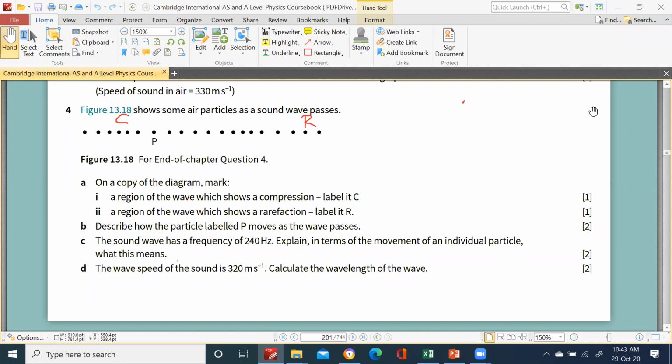Not so sure, but I think that's the one. Okay. So you can simply write C and then R, like that. In other words, where you see the dots very close to each other, that is the compression. Where you see the dots far away from each other, that is the rarefaction. All right, that's nice. Any other person, part B? You can erase that.